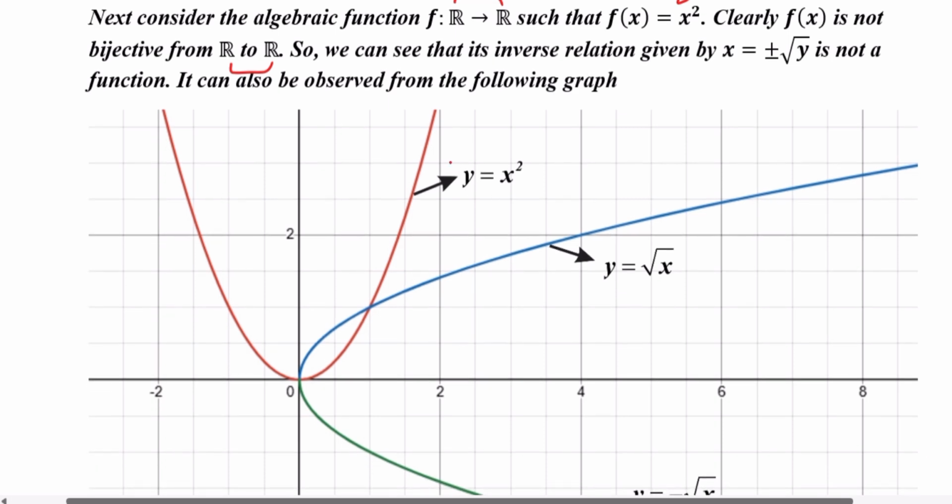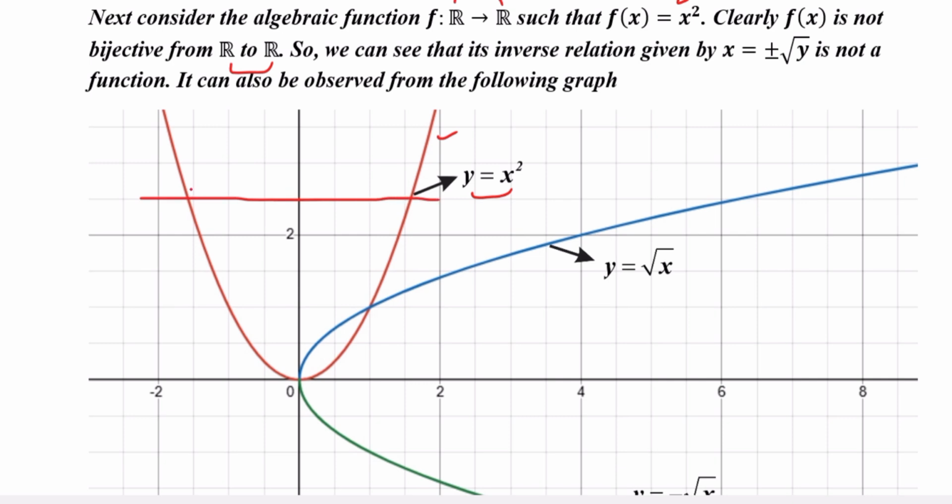In the last lecture, I discussed the criteria to check from the graph whether the given function is a bijective function or not. This red graph represents the graph of y is equal to x squared, that is a parabola. This is not a bijective function because if you cut the graph by a horizontal line, you will see every horizontal line cuts the graph at 2 points.